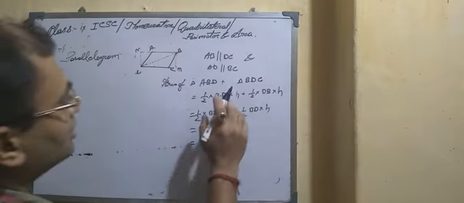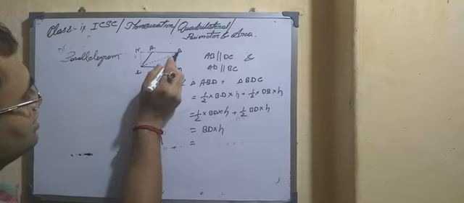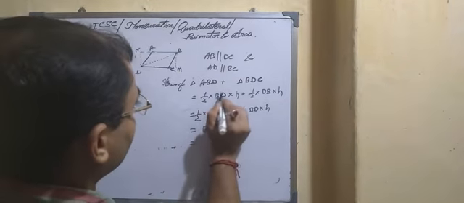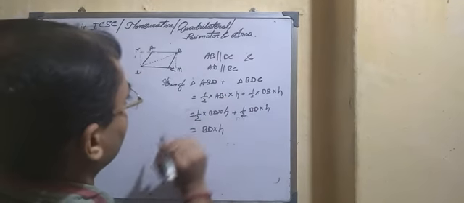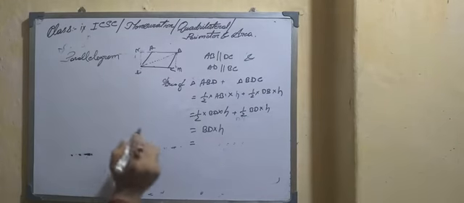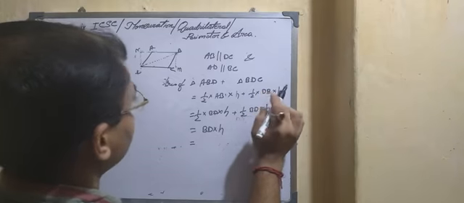Sorry. Yeah. This is H. For this case, base is AB. For the triangle, sorry, this will be AB. Okay, because this is a perpendicular, this is the height. So base is this. Now for this case, DC.